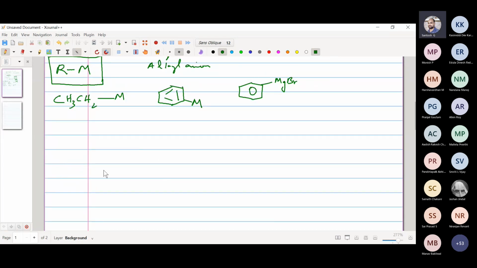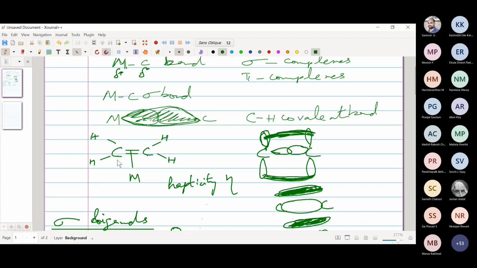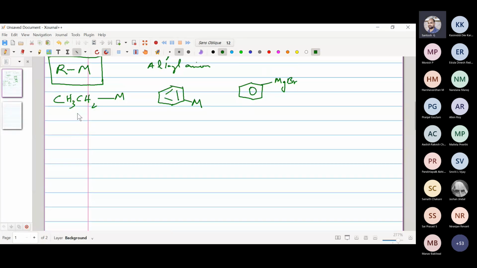When you take an alkene, I told you that the pi electrons can be donated to the metal. But even in an alkene, the metal can replace one of the hydrogens as if it is a sigma donor. So in that case, alkenes can also form sigma complexes. So it can be like this: a double bond.